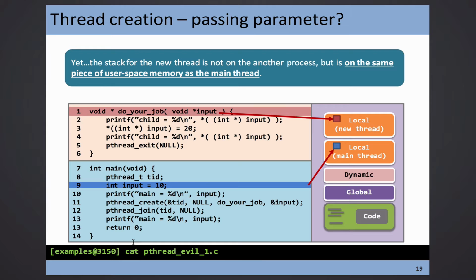No problem. But actually when I draw it this way, it is a misleading diagram. Why do I say it's misleading? Look at the type. This guy is an integer, 4 bytes. What is this one? A generic pointer. It can be anything, but not real memory, just a pointer.